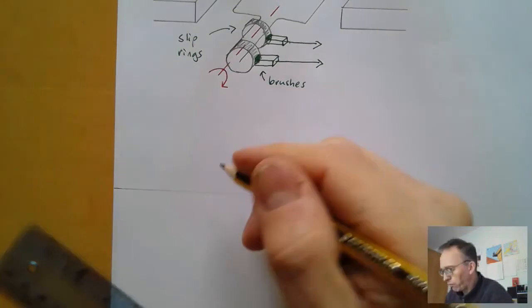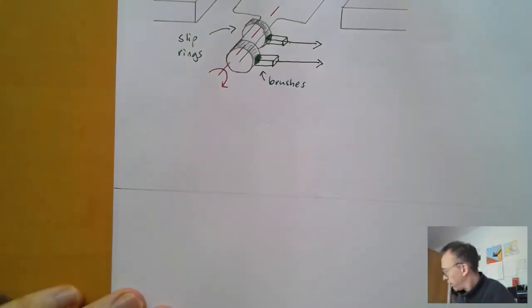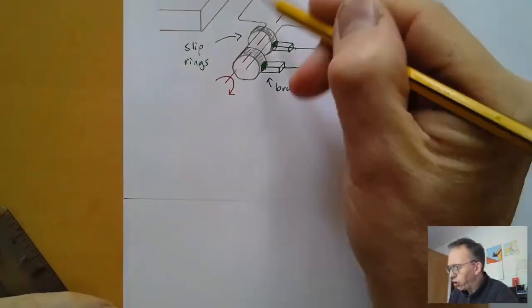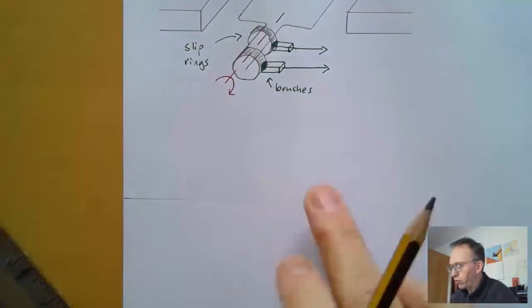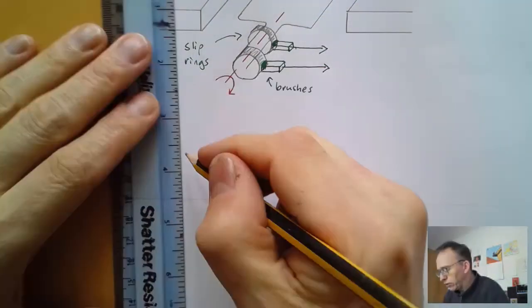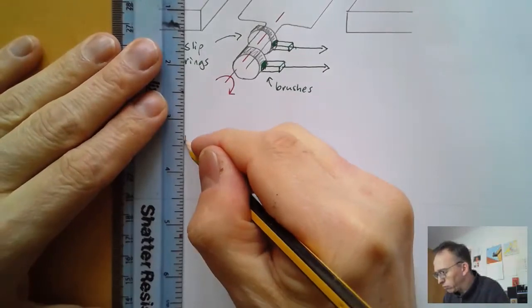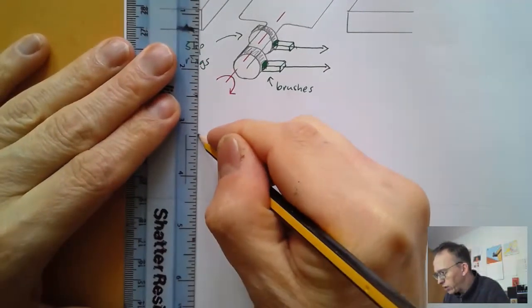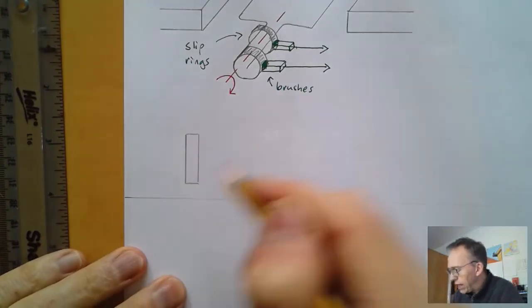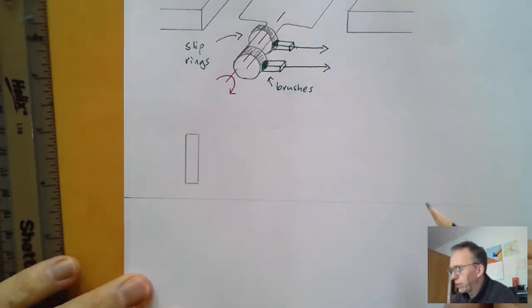So let's start by drawing our coil viewed edge on, in other words, looking along the axis. And we'll start by drawing it vertical, I think. Okay, so if we were looking at the coil edge on, it would look something like that.